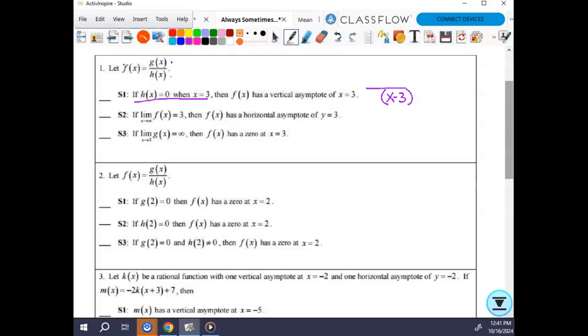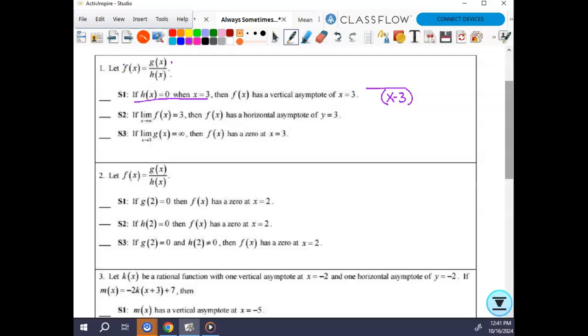All right. So then it says, then f of x has a vertical asymptote at x equals 3. Here's how I want to think through this. Could this mean that I definitely have a vertical asymptote there? Absolutely. Is there a time where this would still be there, but something else might also be true, where I then wouldn't have a vertical asymptote at x equals 3? What would have to happen then?